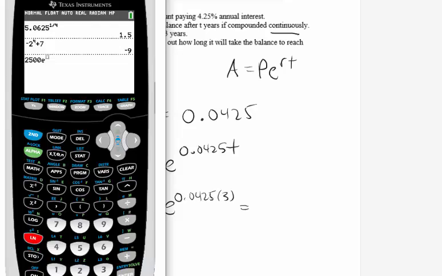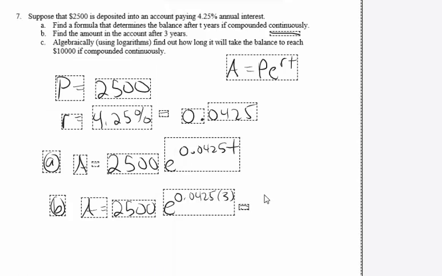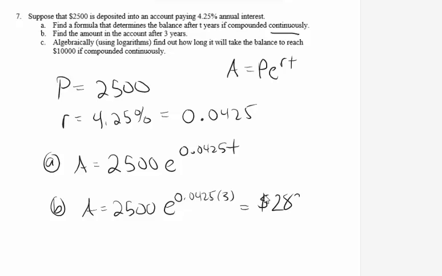Make sure I type the right value, 0.0425 times 3. And there's our value, 2839.96. I always round money to the nearest cent, 2839.96. Okay, going to need more room here for part C, so I'm going to erase.